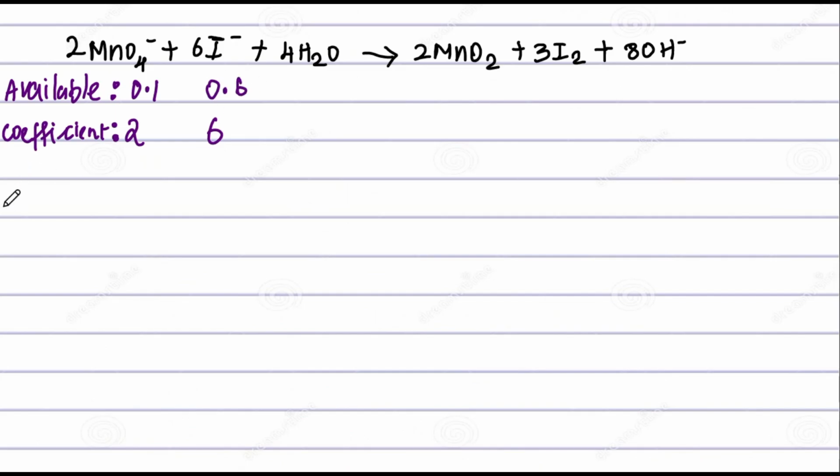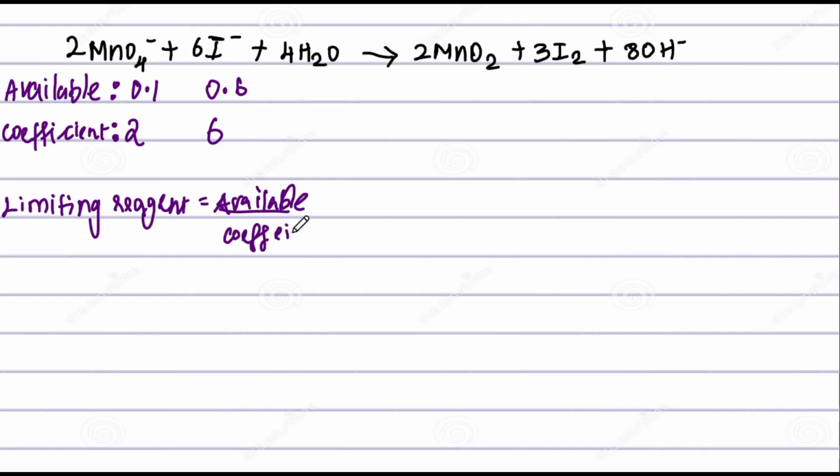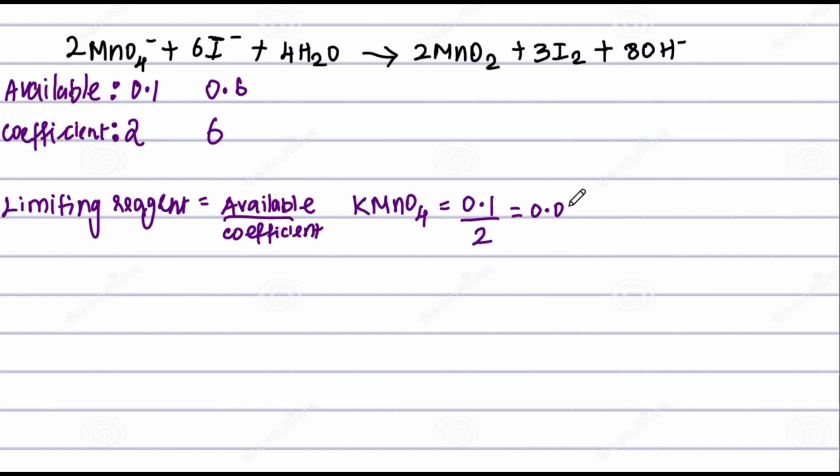So now we have to find the limiting reagent. We have already seen that we find it by dividing the available number of moles by the stoichiometric coefficient. So for KMnO4, that is MnO4 minus, available is 0.1 divided by coefficient 2. So you will get 0.05.